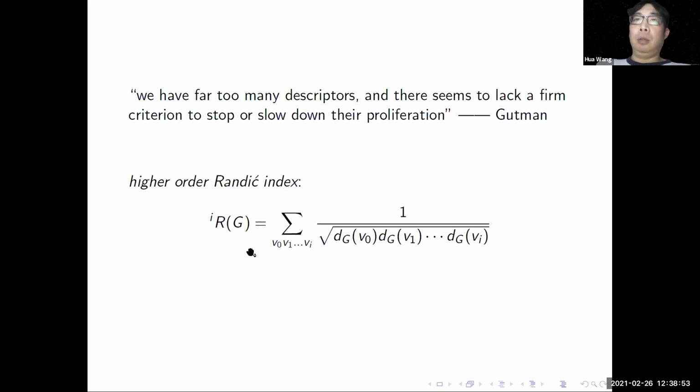I've never studied this, but as you can see, it's still the product of degrees over all vertices on a certain path, probably over all paths of a certain length. But I imagine that it's extremely difficult to study extremal problems for these sorts of things.